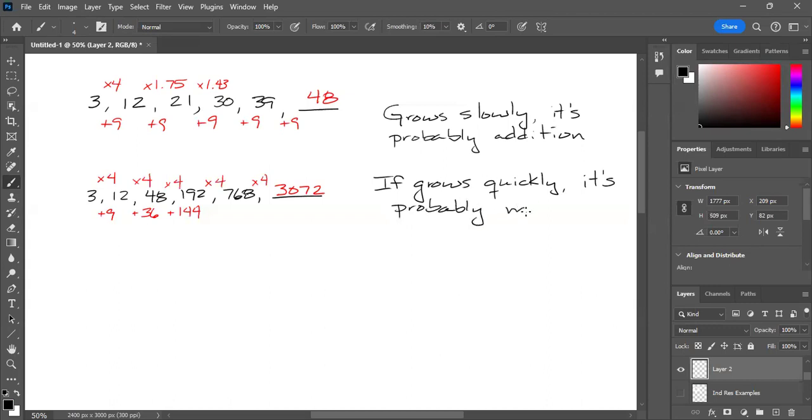Now, that's not always the case. I have found this to generally be true, that if it grows quickly, it's probably multiplication. If it grows slowly, it's probably addition. Like I say, it's not always true, but let's take a look at what we have here.